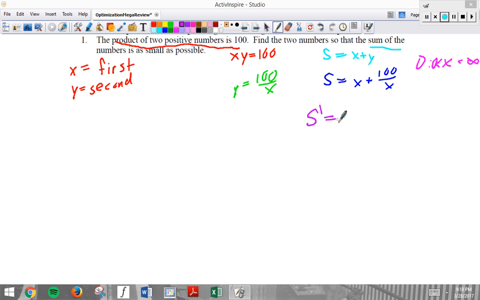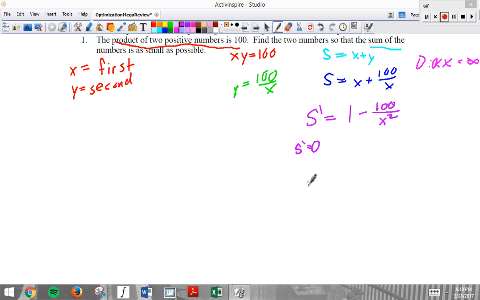S prime equals 1 plus... Your life will be easy if you can differentiate this nicely. Here I go. How did I do that so fast? Power of -1, take -1 down, subtract 1 from the power. S prime equals 0.